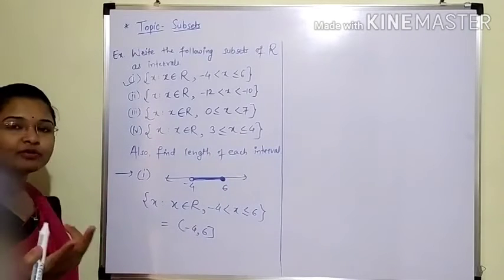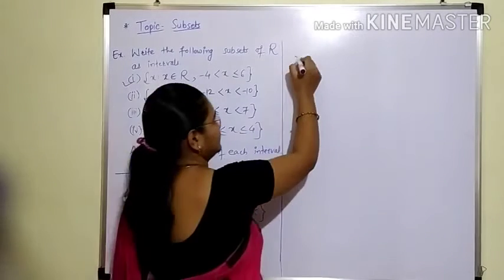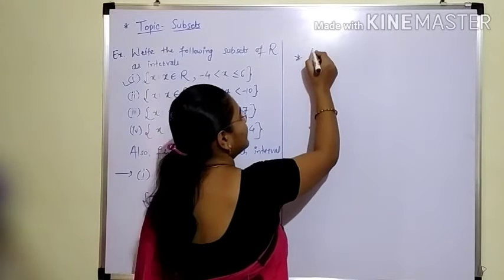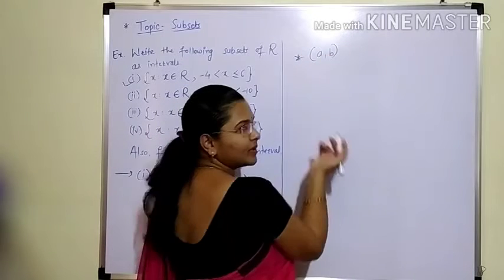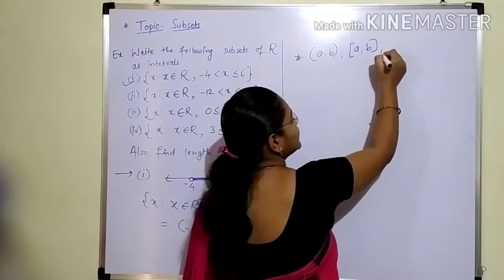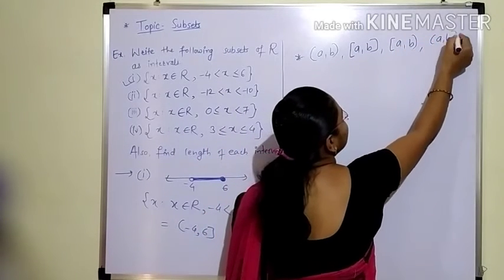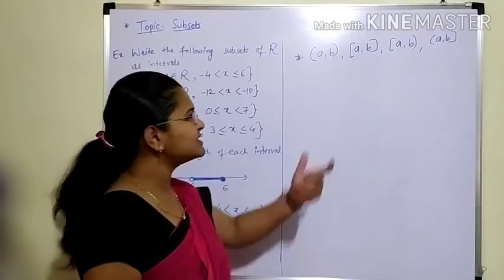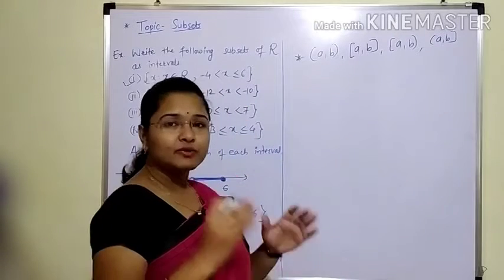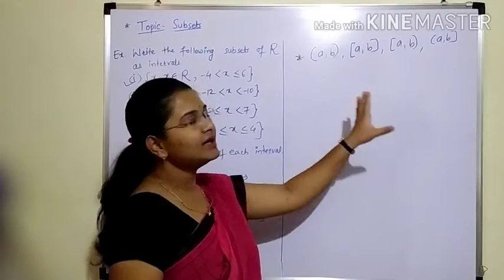Okay, now how to find the length of the interval? See students, when your interval is (a, b) open interval, [a, b] closed interval, or a semi-closed or semi-open interval, if any of these intervals is there, the formula to find the length is the same.